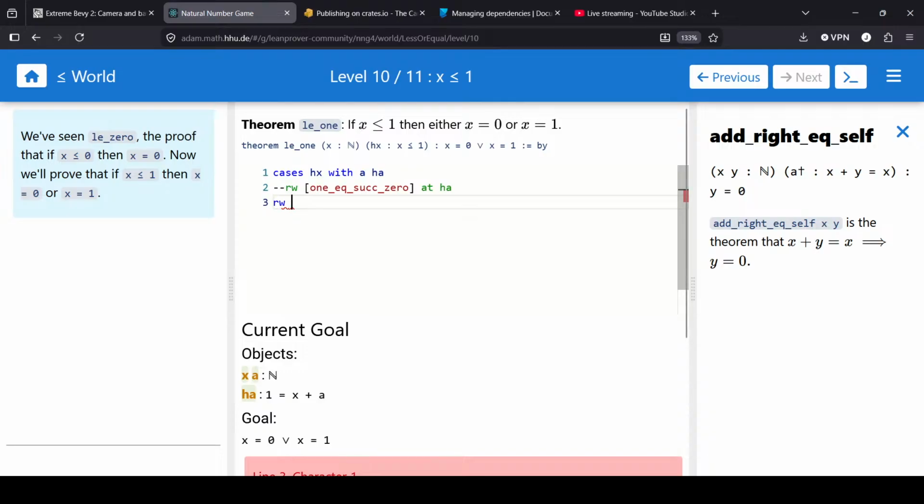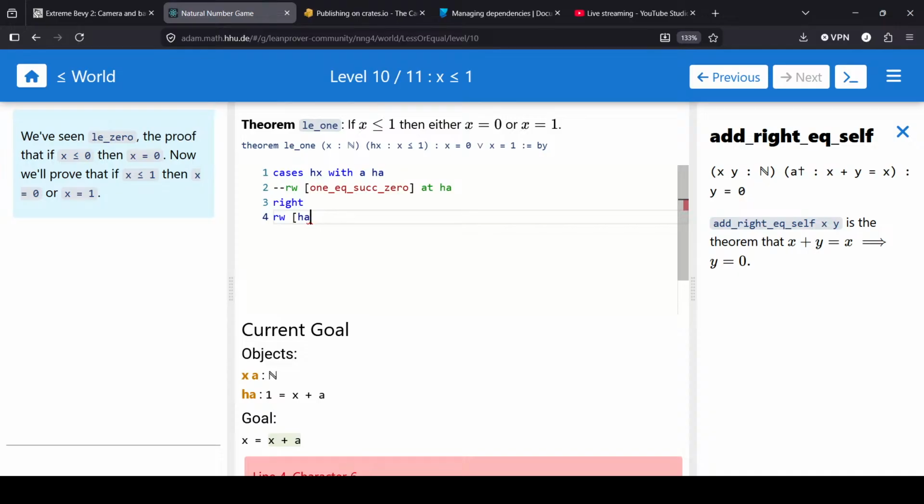What if I rewrite? Okay. Well, okay. Why don't we go right and then we rewrite? Like that. Well, then that gives me that as my goal, but that's not a hypothesis, right?